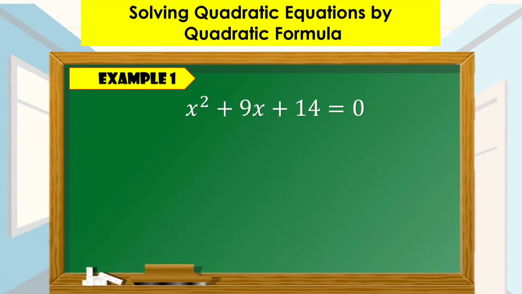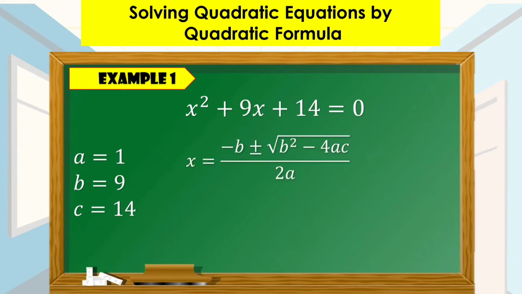Example number 1, we have x squared plus 9x plus 14 equals 0. Make sure that the quadratic equation is written in standard form. The values of a, b, and c are: a is 1, b is 9, and c is 14.